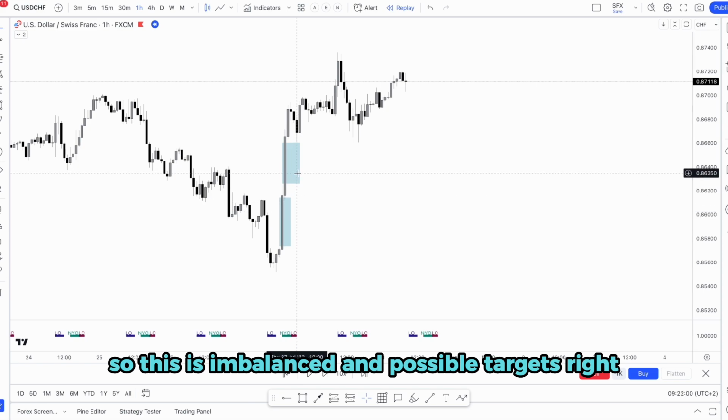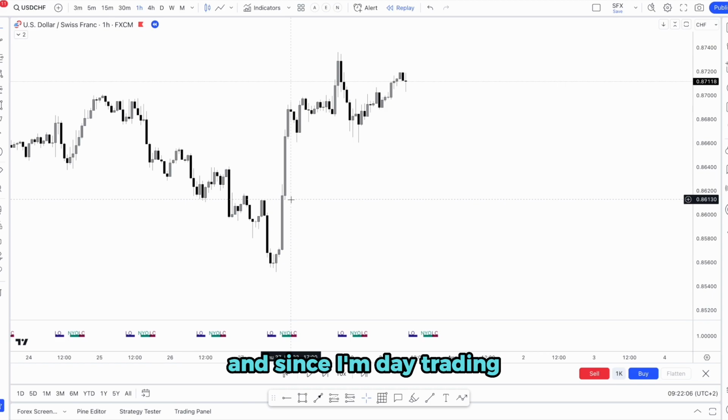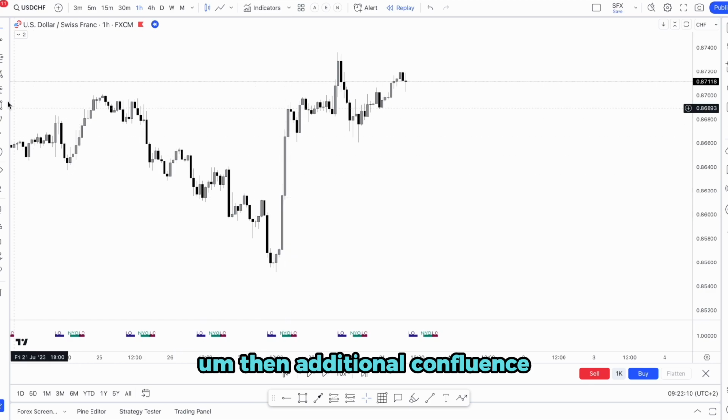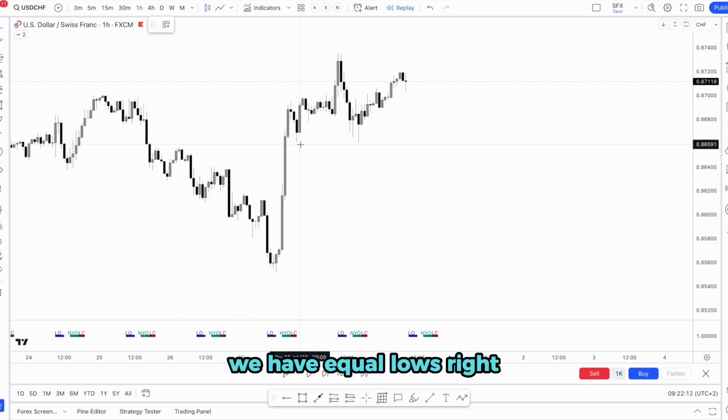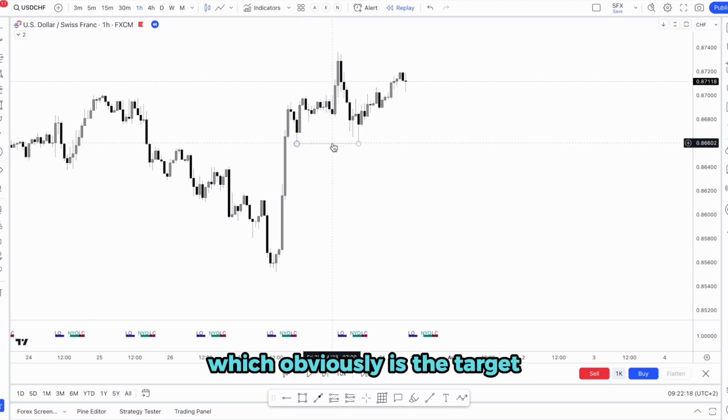So these are imbalances and possible targets, but this is more for swing trading, and since I'm day trading, I'm only looking for trades inside each day. Then, as additional confluence, we have equal lows. So we have liquidity to the downside, the equal lows, which is obviously the target.